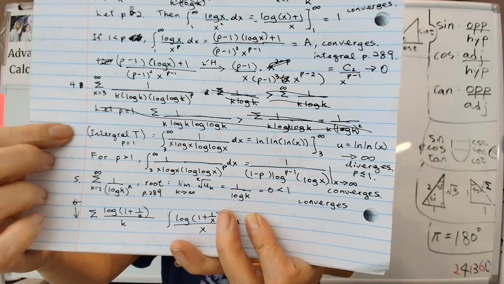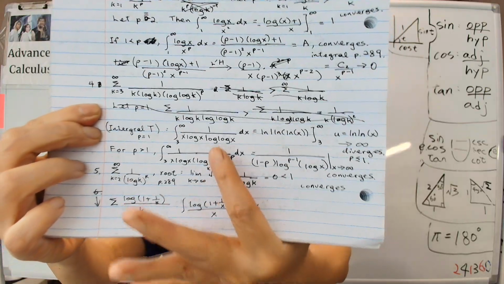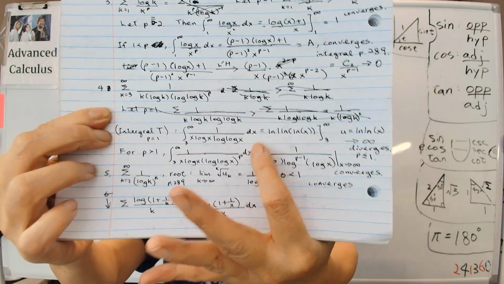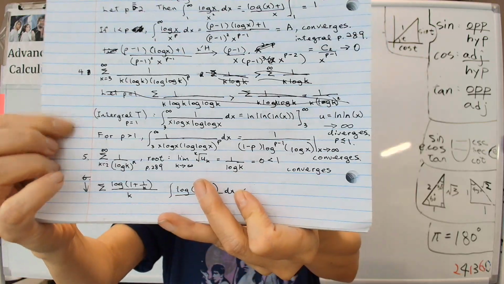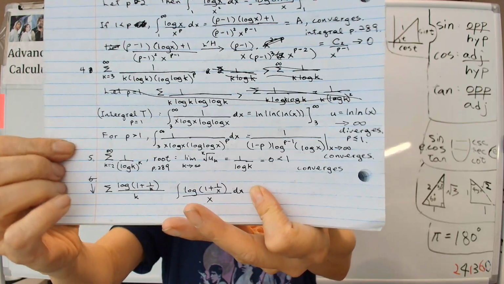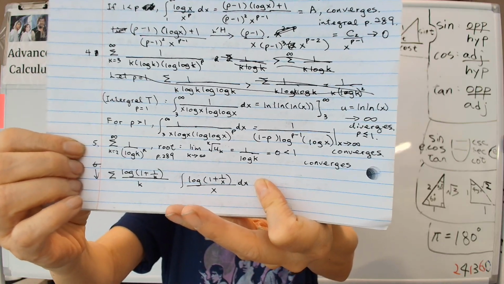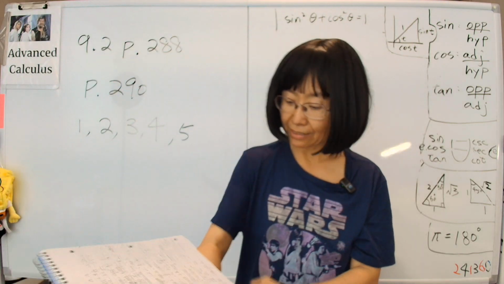Problem 4, again, use the integral test, and this turns out to be not as hard to integrate as it looks. The integral is just that, but if you use the integral test, then everything should come out okay after you work out the details. And then problem 5 is just a root test, and that's much faster to do. That's a one-liner.